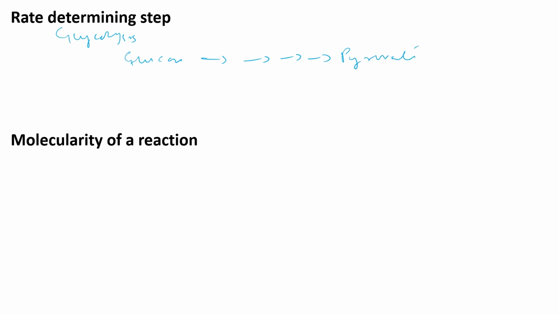But this is not a single step reaction. So multiple steps are there in between. Glucose converts into glucose 6-phosphate, glucose 6-phosphate into fructose 6-phosphate, and so on. So in this whole series of reactions, which step will act as the rate determining step? The step which is slowest.